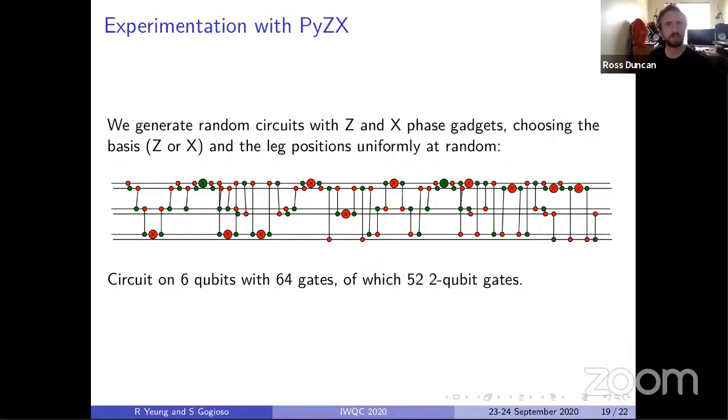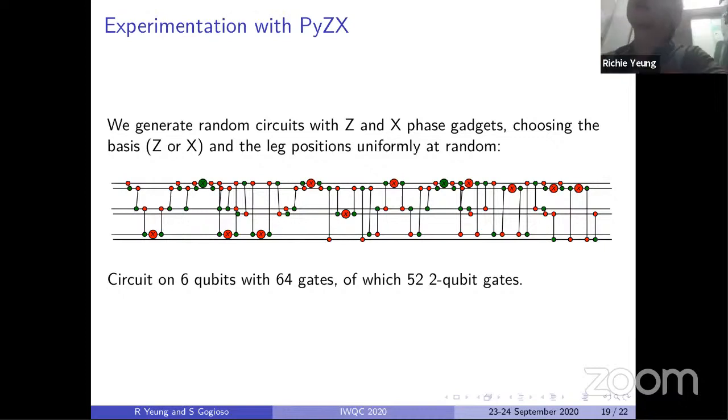I guess the other obvious question I should ask is whether this kind of ZX alternating structure is something that you find in natural examples, or whether you're going to have to transform your circuit into this shape?